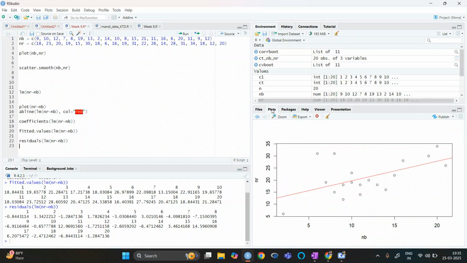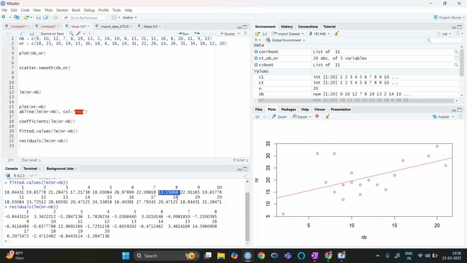From the plot also you can see that when the number of balls was very less, so when it was two, it is the eighth position: one, two, three, four, five, six, seven, eight. You can see that at the eighth the residual is very high, right?